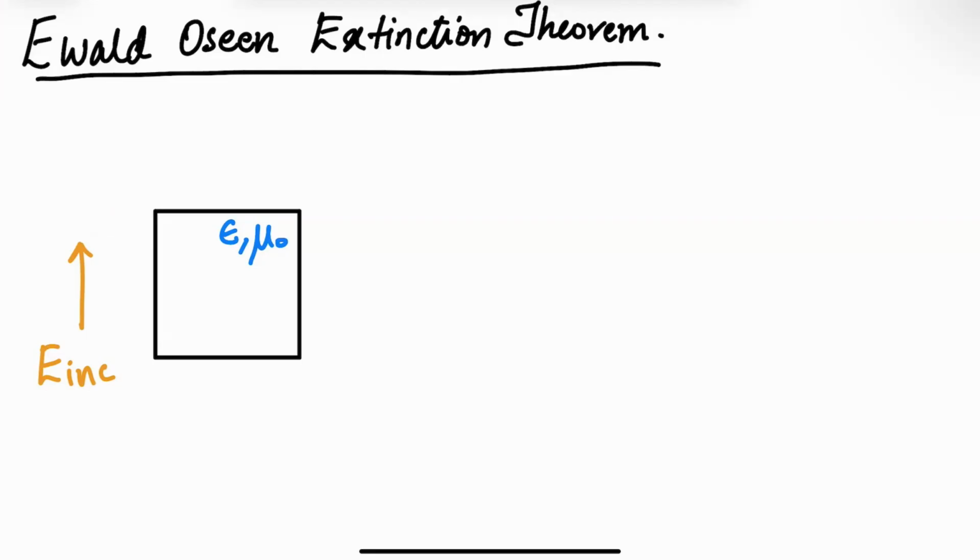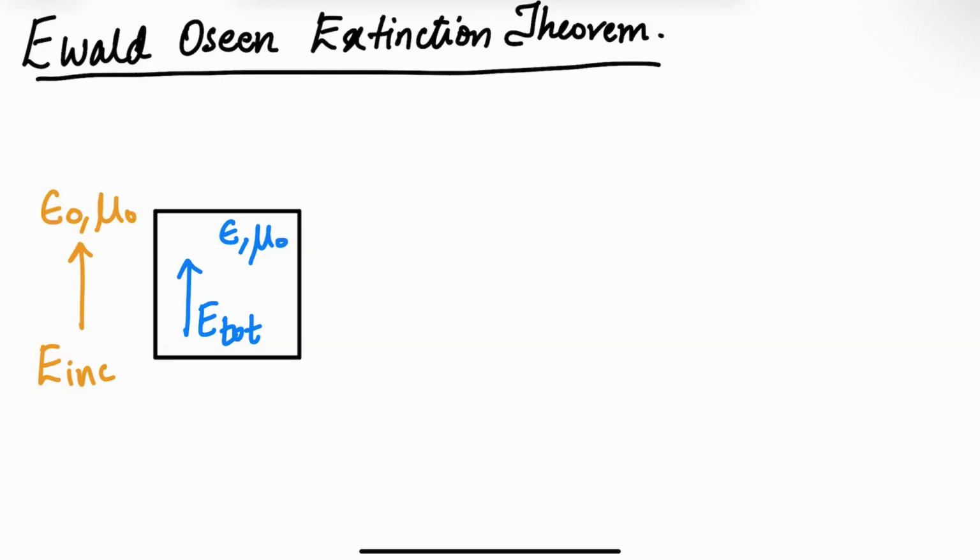And once I introduce the medium, then inside the medium you have now a total field, right, which depends on epsilon and mu and the kind of material properties. So outside is epsilon naught mu naught. So here is free space, and here we have a medium.